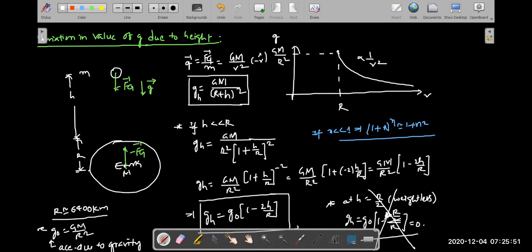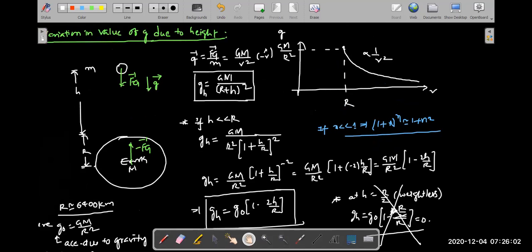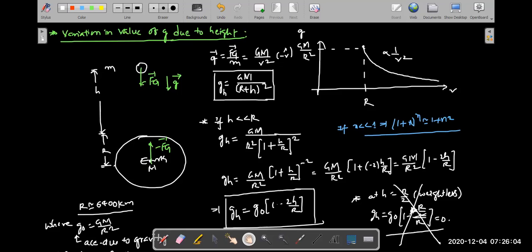Can you zoom out, sir? Now those are done copying. Can you try a simple question? The height at which g will be equal to g naught by 2.